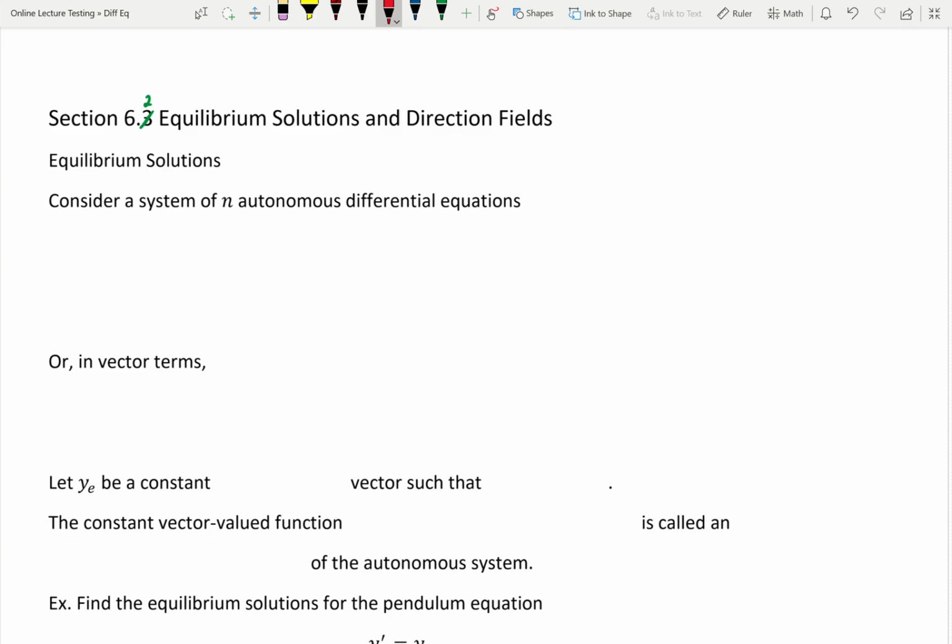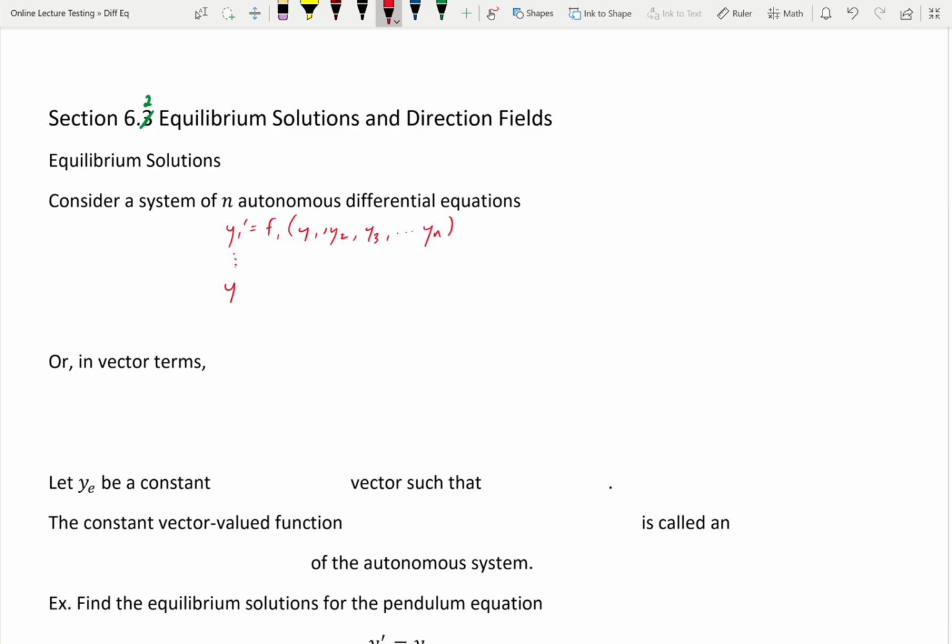So first, consider a system of autonomous differential equations. Just as a reminder, autonomous means that these functions only involve y, so there is no t variable involved with these.